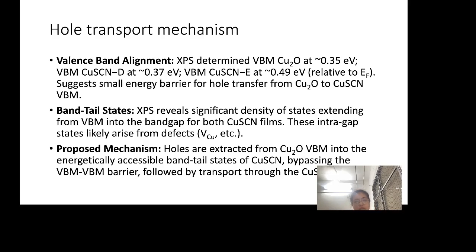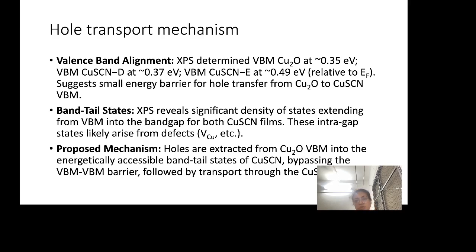Here, the band tail states really come into play, for both of them. These band tail gap states arise from defects, as we spoke about in the past, which were Cu2+ defects.